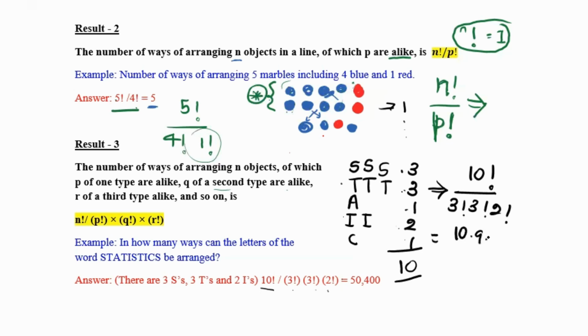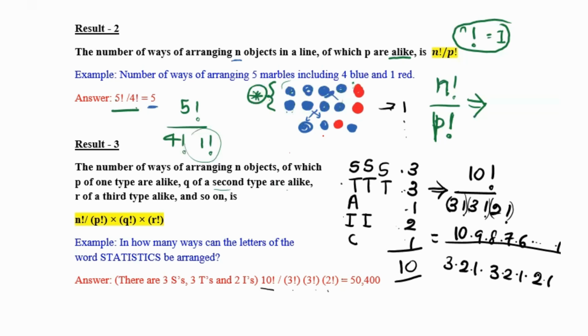Just write 10, 9, 8, 7, 6, all the way up to 1, divided by 3, 2, 1, 3, 2, 1, 2, 1, which is 3 factorial, 3 factorial, and 2 factorial.